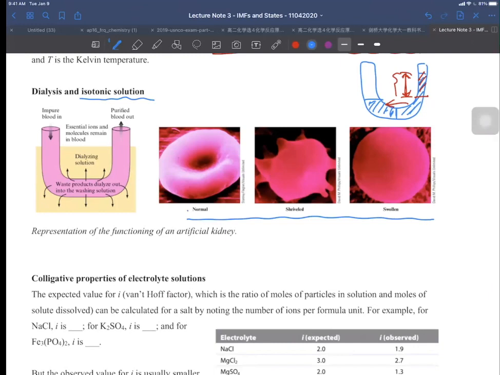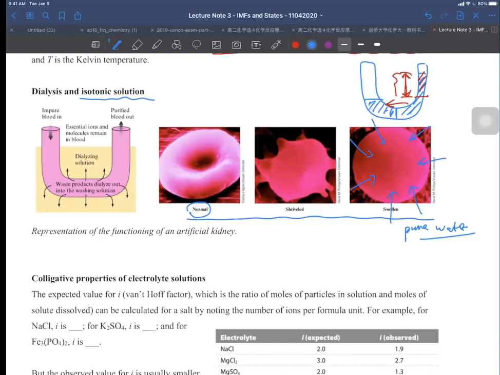For example, this is the normal red cell, but if you put it into pure water, or a more diluted solution, the cell will expand. Does this make sense to you? Because the fluid in the cell is more concentrated, the water will go through the cell membrane, which is a semi-permeable membrane, right?